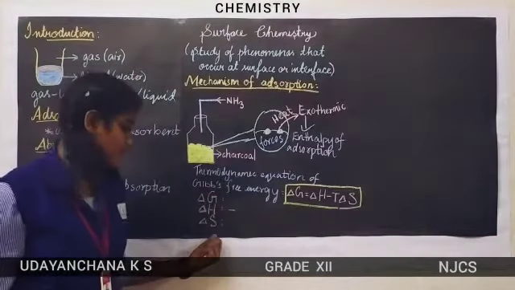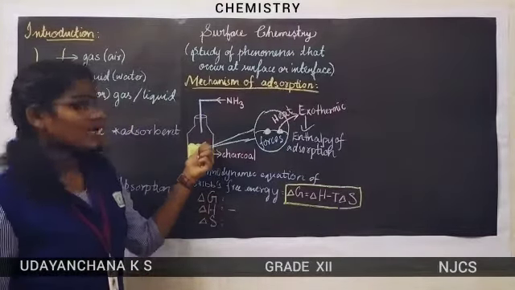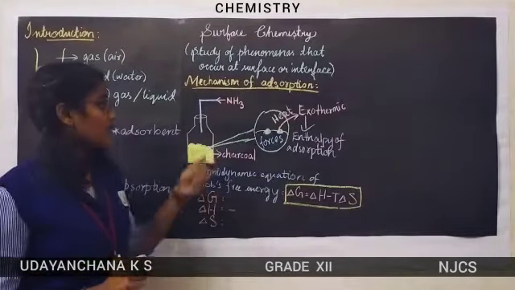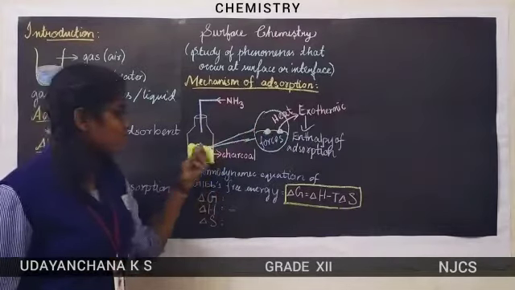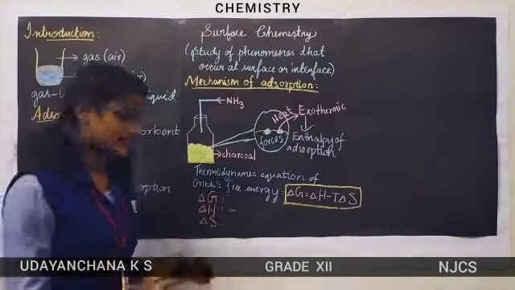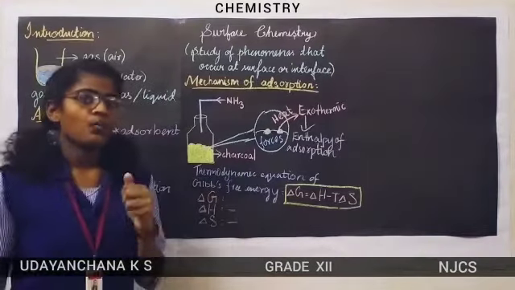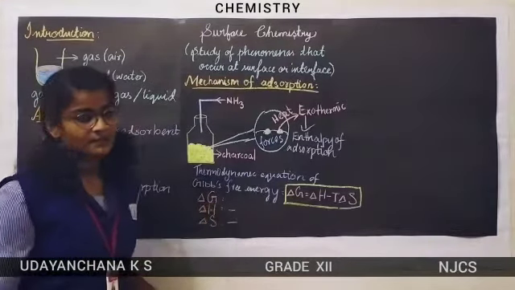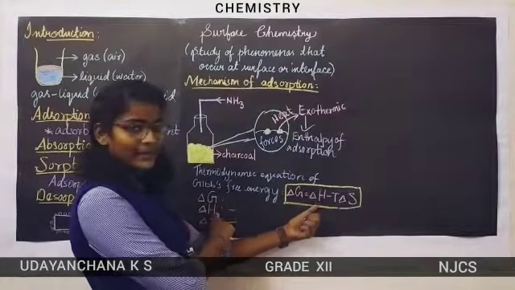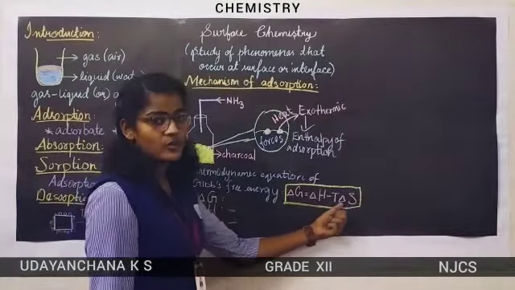And when we come to the entropy, firstly, when the ammonia gas was in the atmosphere, it was in a highly disordered condition. But when the molecules of ammonia settled on the surface, it came to an ordered condition. So, the entropy also became negative. Now, what will happen to the Gibbs free energy? Let me tell you. Here, the enthalpy is negative and the entropy is also negative.